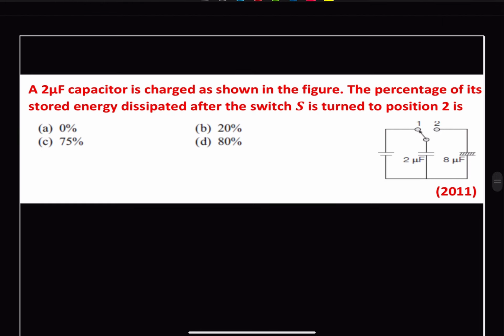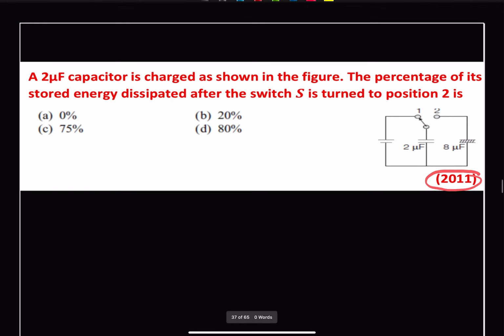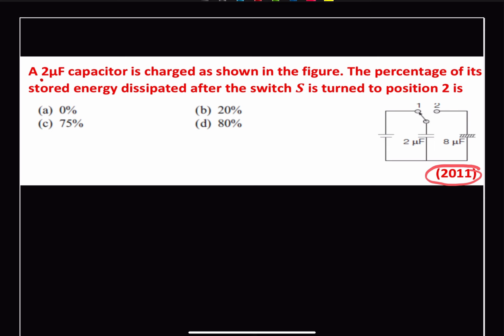It was asked in the year 2011, and it states that a 2 microfarad capacitor is charged as shown in the figure. The percentage of its stored energy dissipated after the switch S is turned to position 2 is? So suppose this is voltage V. Initially this capacitor is charged through the switch.